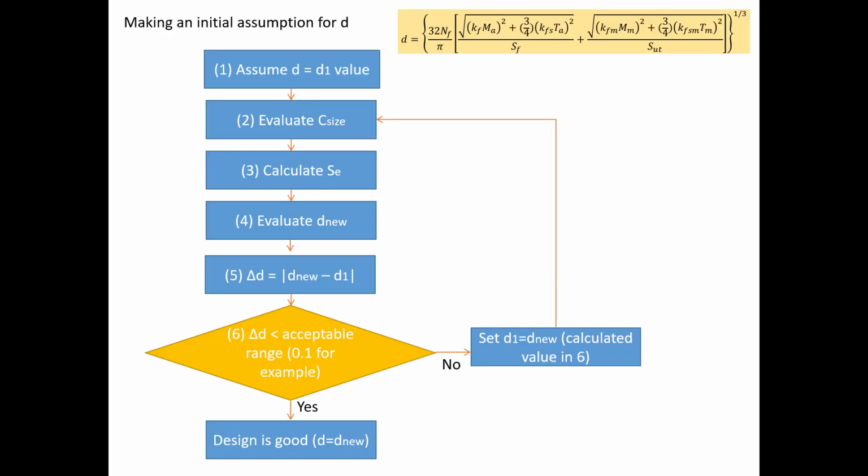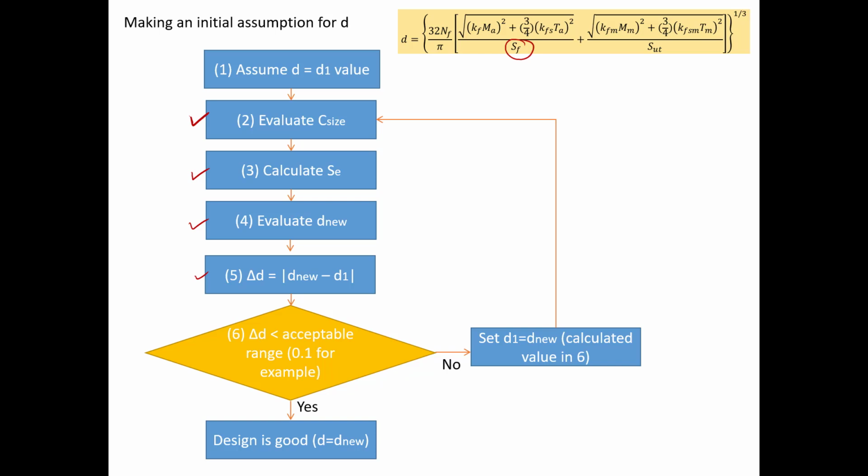So the procedure for that, as I've said, is this flow chart. We will make an initial assumption. We will evaluate C size, and then we will evaluate the fatigue or endurance strength, and we will calculate d new. My check for delta D is d new, the calculated value, minus the assumed value.